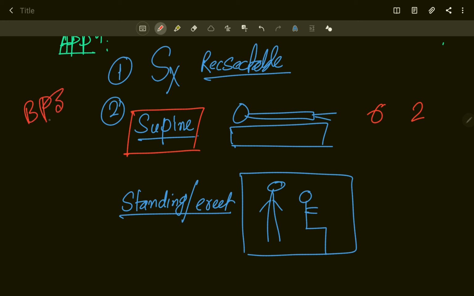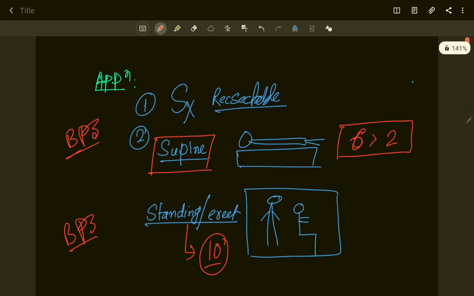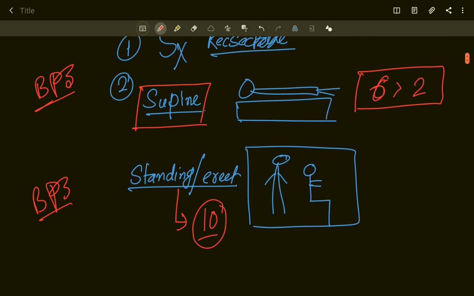But in erect or standing posture, only segment 10 of the right lung is most dependent. In a single correct option question, 6 is greater than 2. I already told why the right lung is generally more affected than the left lung, due to the vertical arrangement of the right bronchioles, in a previous video.